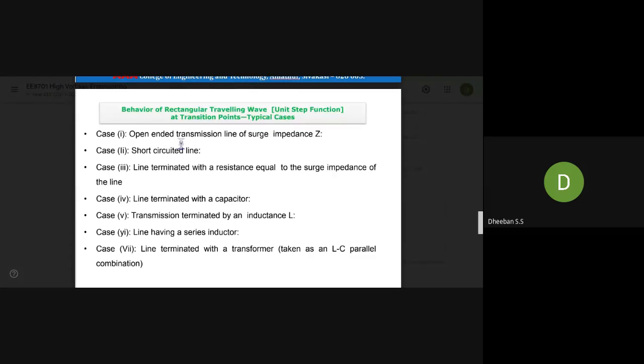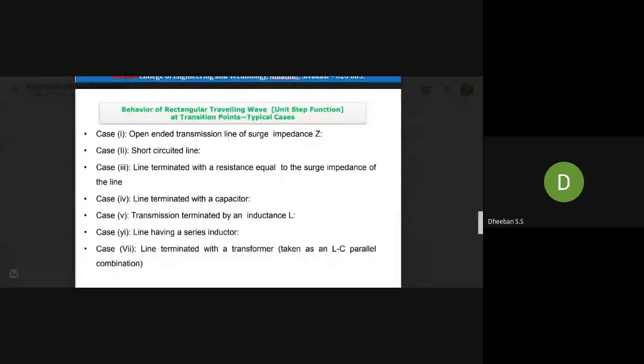Then the second is short circuited. The third is the line terminated with a resistance equal to the surge impedance of the line, which is nothing but root of L by C. What happens when it is terminated with a resistance equal to the surge impedance?